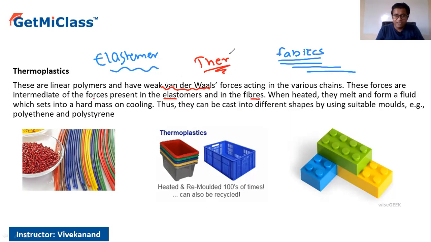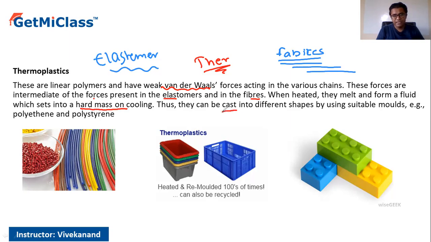Now, when you heat these thermoplastics, what will happen? They are going to melt and form a fluid. If you pass that fluid into a mold, it will take the shape of whatever mold you have passed it into. That is, you can set it into different shapes, and on cooling it becomes a hard mass again.